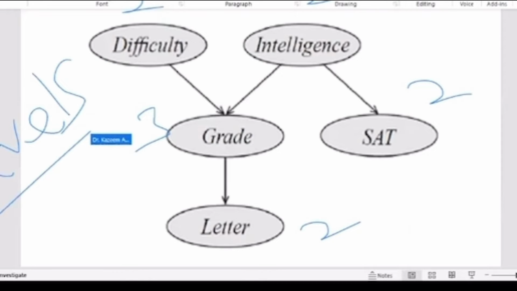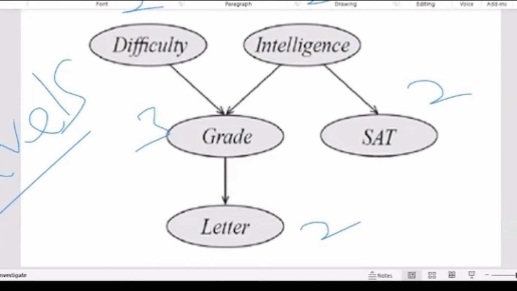These are random variables, and don't forget I told you they are discrete in nature, and they have levels. Intelligence 2, smart or not. Grade 3, excellent, good, average. SAT score could be low or high. Letter of recommendation could be weak or strong.